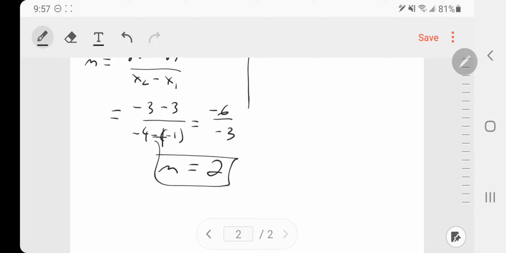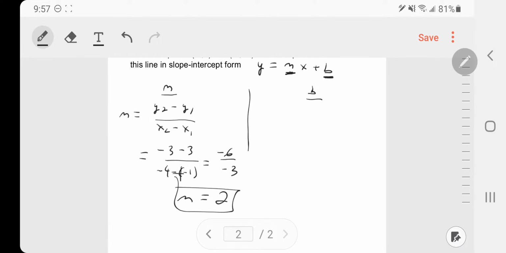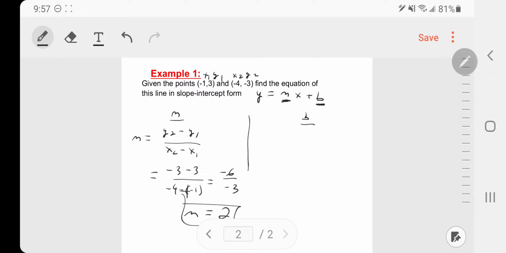So we first figured out what our m was. It was 2. Now we're going to pick one of our points. We'll just go ahead and pick the first one. That's our x1, y1. We're going to use that as well as our slope that we found down here to figure out what our b is going to be. So we have y equals mx plus b.